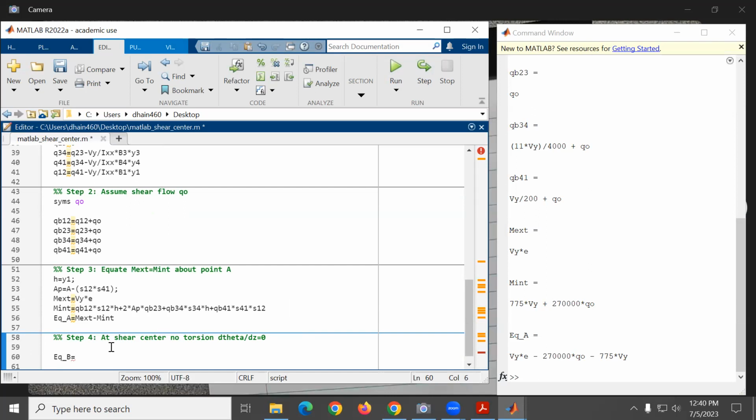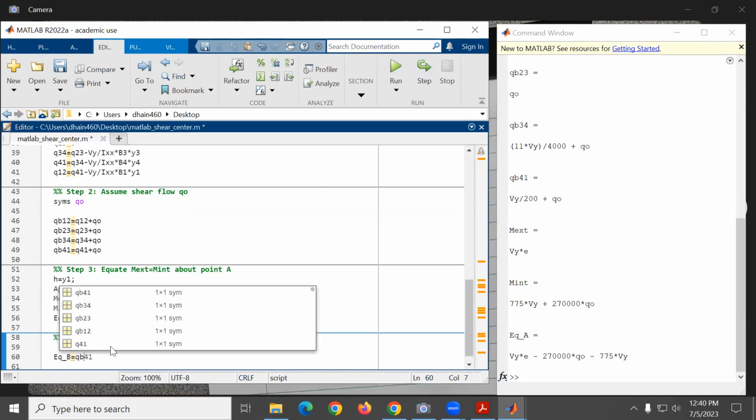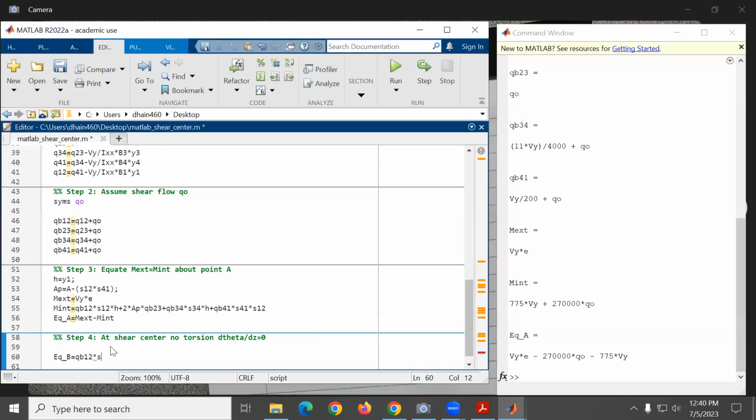So we have Q bar 12 times S12 divided by T12, no? Plus, you are 2, 3, that's 2. Yeah, I don't know if it's faster to do this or just retype it.